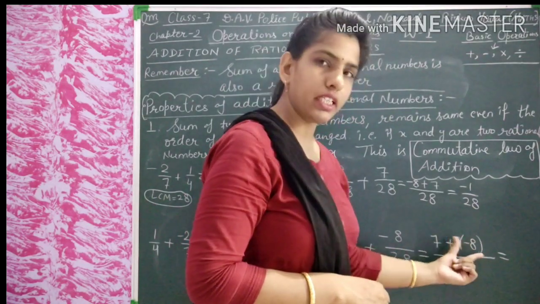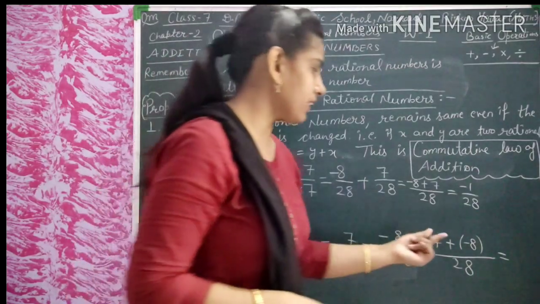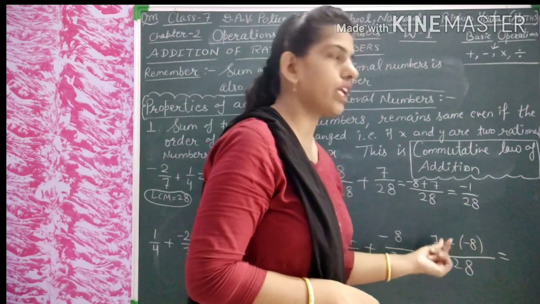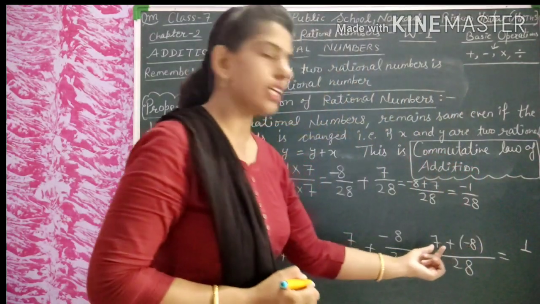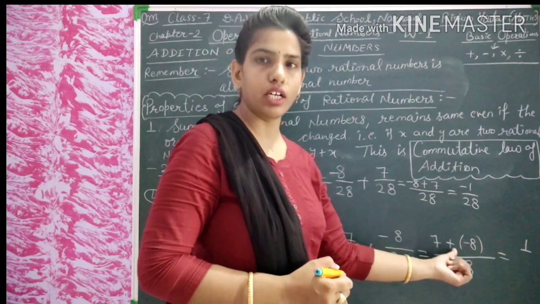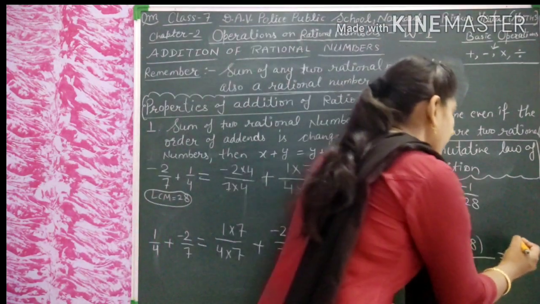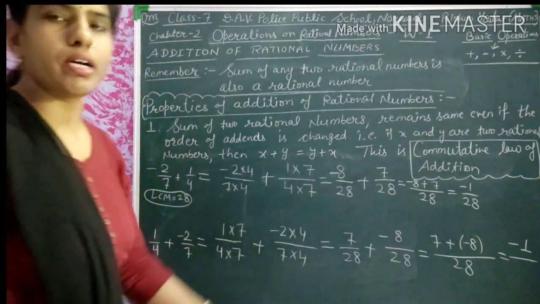So different signs, it means we have to take the difference here, and the difference of 8 and 7 is 1. And we will get the negative sign because the greater number is 8 and 8 has the negative sign. So in the answer we will get here minus 1 divided by 28.